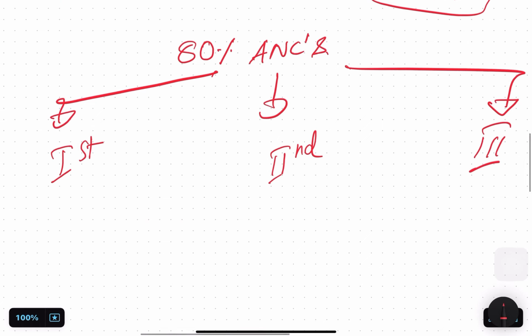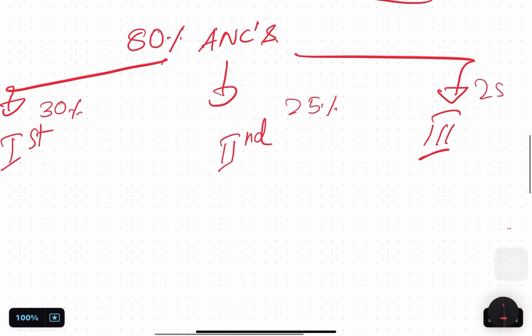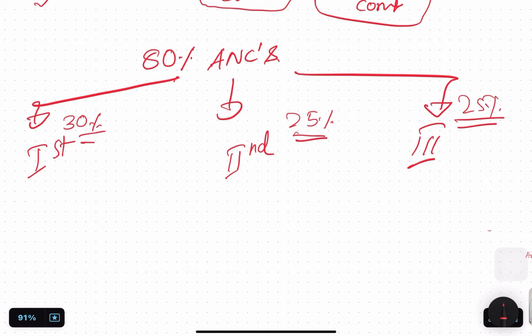So almost 30% of the cases are from first trimester, 25% are from second, and again 25 to 30% are of third trimester. You might feel why this person is emphasizing statistics. See, statistics is fact, and when maths comes to biology, that is when the game gets interesting. If you know stats, you know what you are dealing with, you know what is common, right? So that's something which is very important.